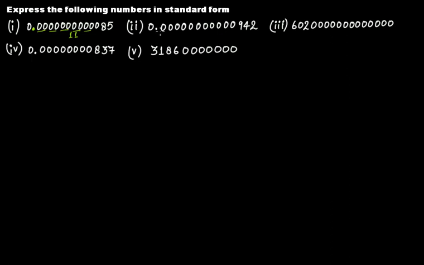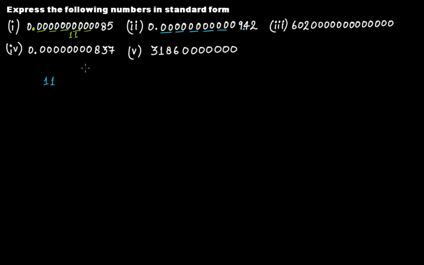Again, in this case, you have to bring your decimal point here, that is after 9, right? So count how many zeros you have here. 1 pair, 2nd pair, 3rd pair, 4th pair, 5th pair. Again, 5 times 2, that is 10, plus 1, 11 zeros.